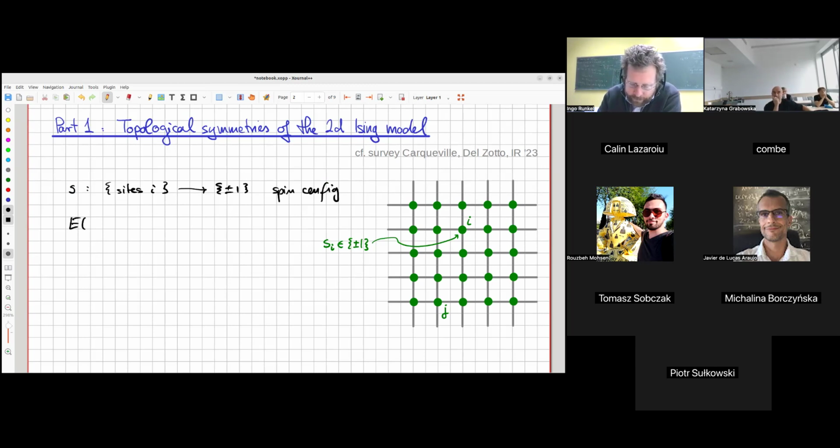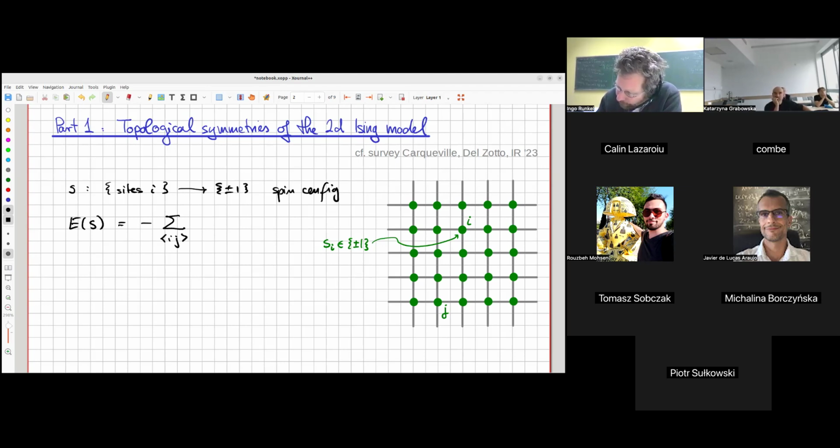What would that energy want to be? What we want to model here is a ferromagnet. So we want the energy to be low if the spins are aligned, if they're both plus or both minus, and we want the energy to be high if they are not. A simple function which does that is the following. You take minus the sum over nearest neighbors, that's my notation for nearest neighbors.